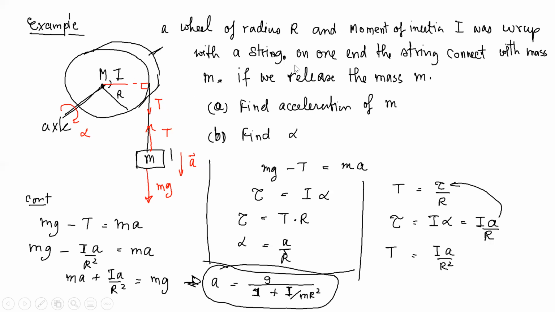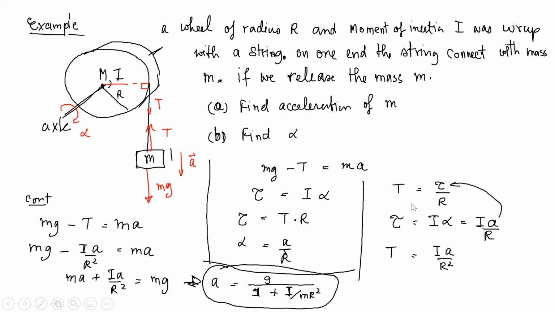Now the second equation is about the torque on the wheel. It is pulled by tension T, and it has the radius R. So we have torque equal to T times R. And because alpha is the angular acceleration, it can be written as a over R.